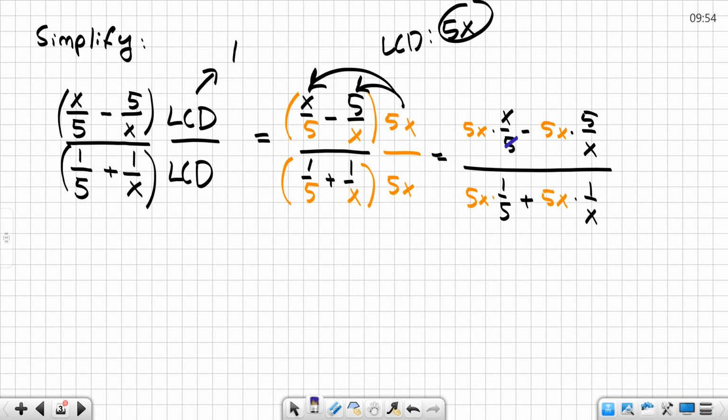that in my first one, the 5 cancels out. In my second fraction, the x's cancel out. Here the 5 cancels out, and here the x's cancel out.